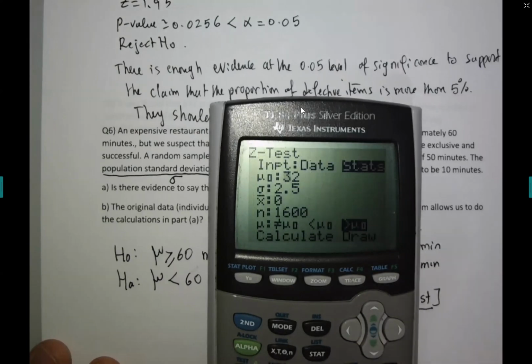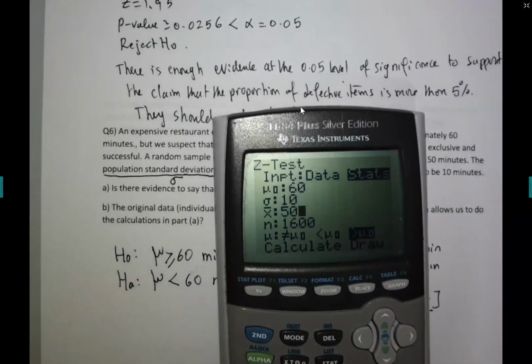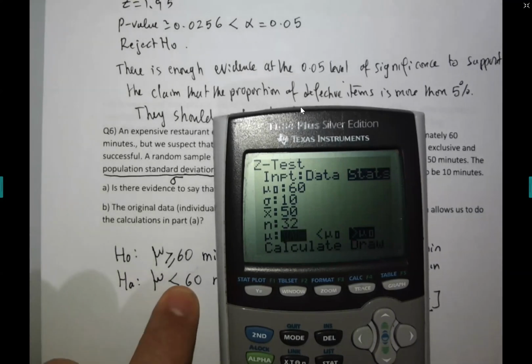It's not that this is not important, guys, but we did it last time. I spent a lot of time on the z-test. 60. Sigma is 10. x-bar is 50. N is 32. And we're testing the claim that the mean is less than 60.